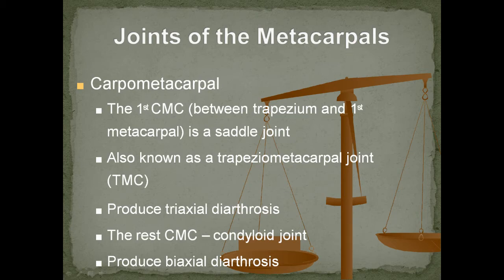It produces triaxial diarthrosis, and the rest of the carpometacarpal joints are condyloid joints, which produce biaxial diarthrosis. So the first CMC joint is the saddle joint, and the rest of the CMC joints are condyloid joints.